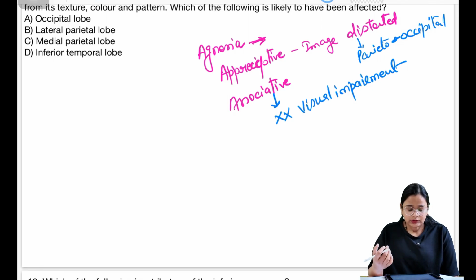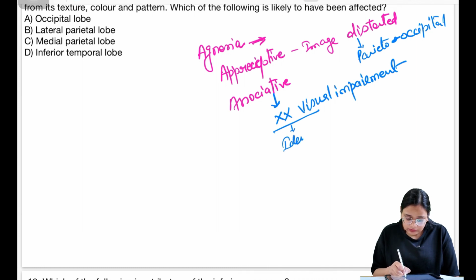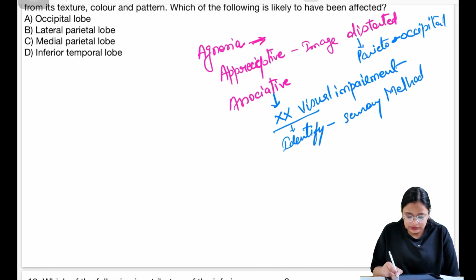We can identify the object by other sensory methods like touch, and we can check the texture, color, pattern, all those we can identify, but we cannot identify it visually. So this condition is called associative visual agnosia.